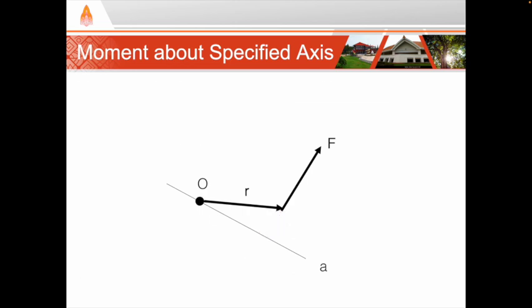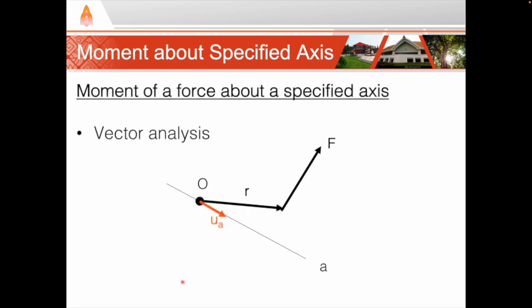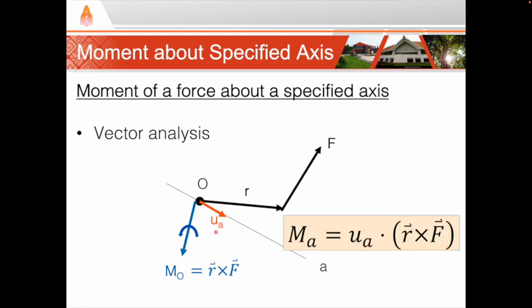In the vector analysis, we find the moment first, so r cross F. Then, we take the dot product of that using a unit vector that goes along the axis that we're using, the a-axis. So a unit vector along the axis A, uA, dot product with the moment, which we can find using the cross product.